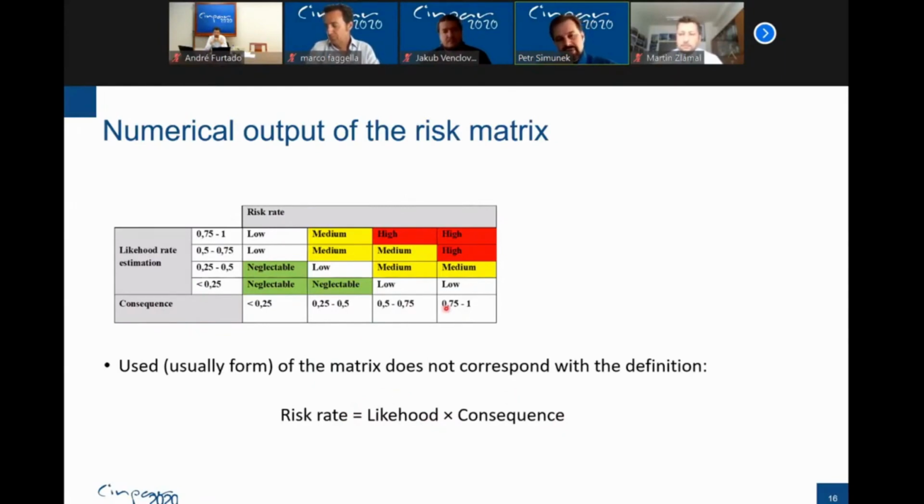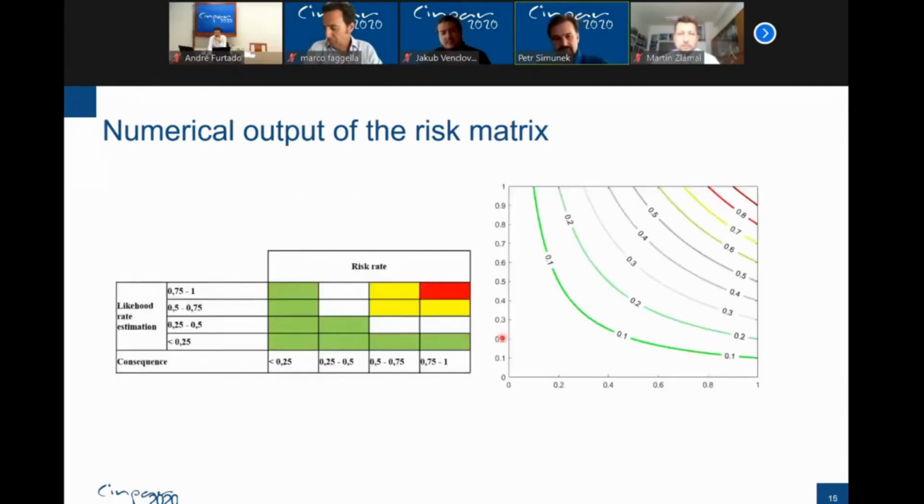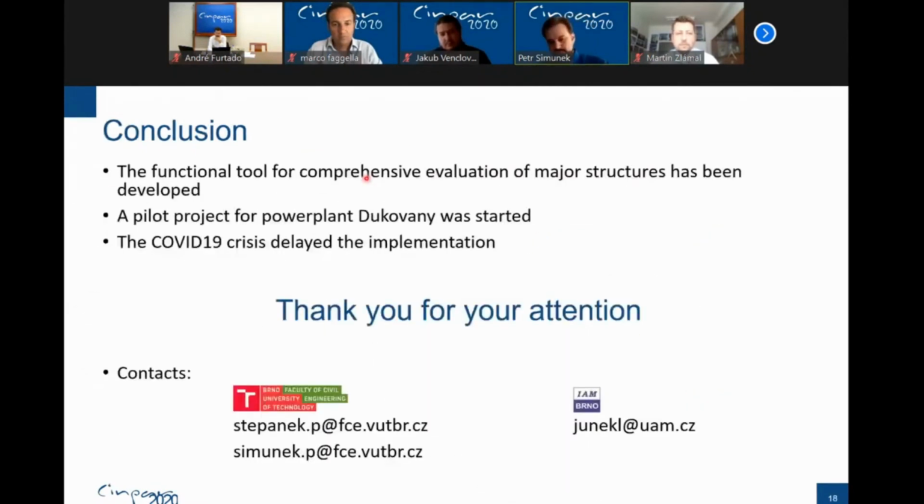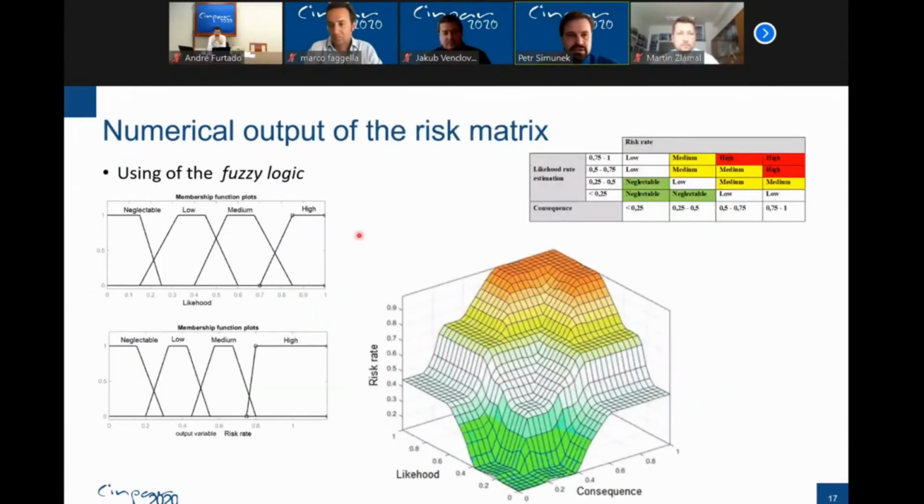If we have no problem expressing it qualitatively, but once we want to get quantitative outputs, we have to use a different approach than this one. One possible approach is this one. We can use fuzzy logic tools, and we proposed this approach to determine the qualitative value of the risk level from the risk matrix.